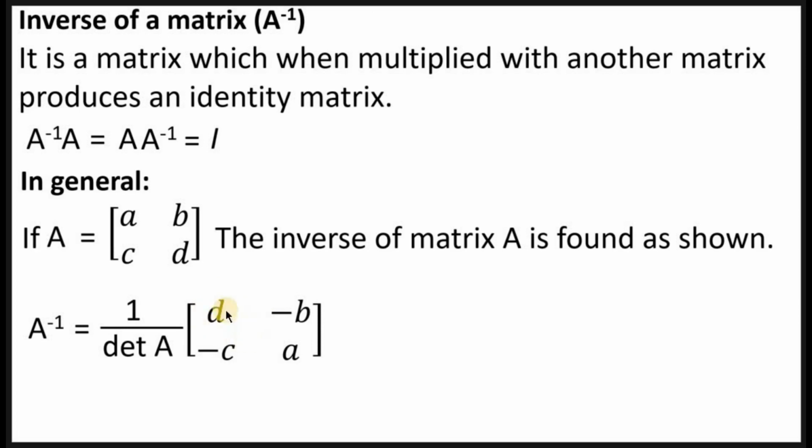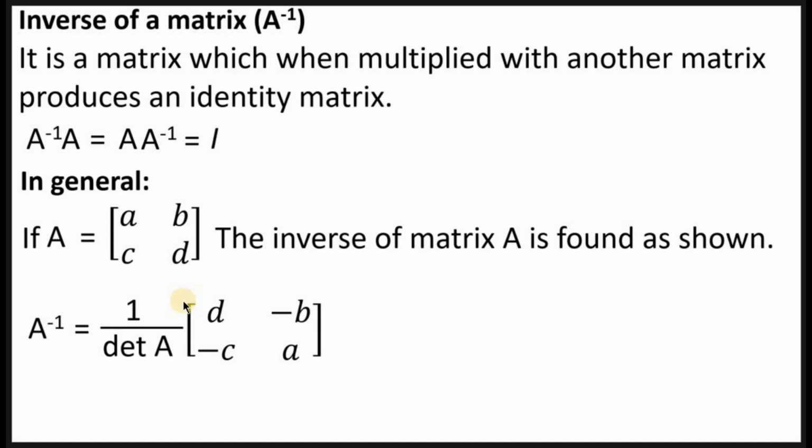D, which was here, comes here, then A comes where D was. Then what happens to this? You introduce negatives. So when you multiply by this, you get what we call the inverse. This is just a formula that we can follow whenever we are finding the inverse of a matrix.